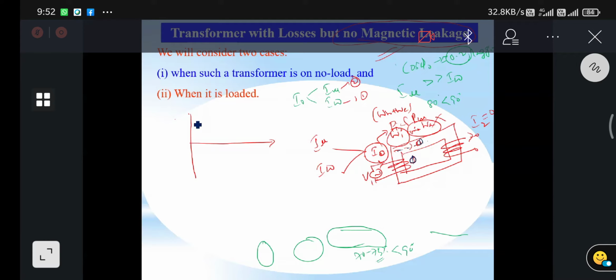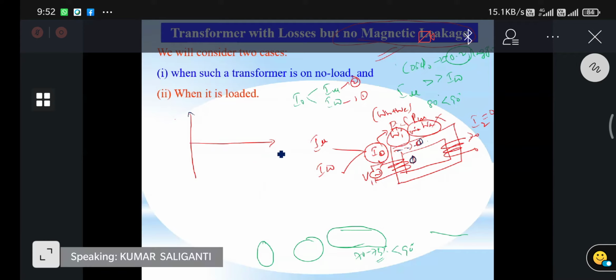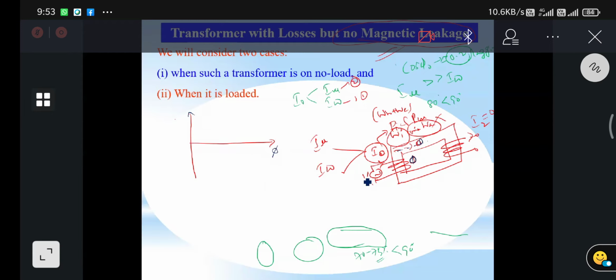So this is the phasor diagram, no load condition. This is the flux. How do we get this flux? When you give the alternating voltage to the primary winding, this voltage causes a current. When this current flows in the primary winding, it has to excite the core, so we can call it the exciting current. Otherwise we can say no load current, because this is the no load current.